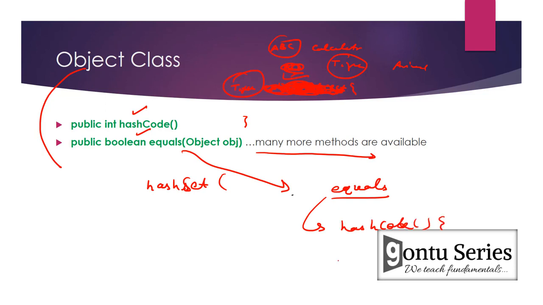Now what is this hashcode method? I'm simply going to write the hashcode method right now, and I'm going to explain it later on. For now, what you have to understand is, if you are going to perform a search operation on a hash set, then it's mandatory to write the equals method, which tells the JDK on what basis it has to compare that object with all existing objects.